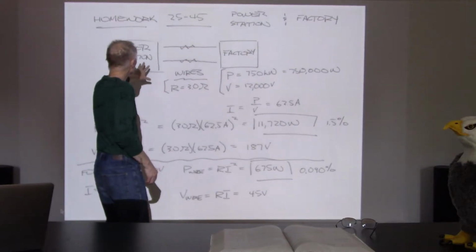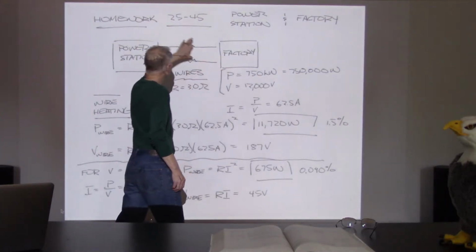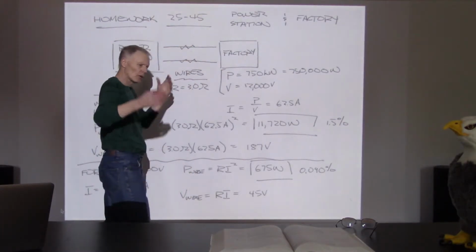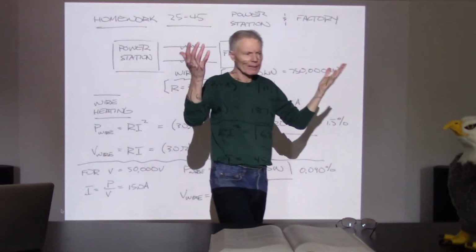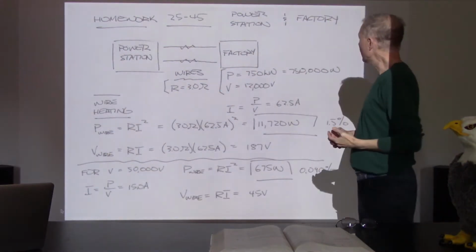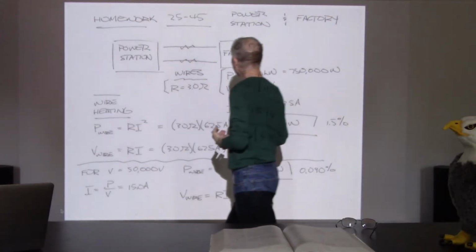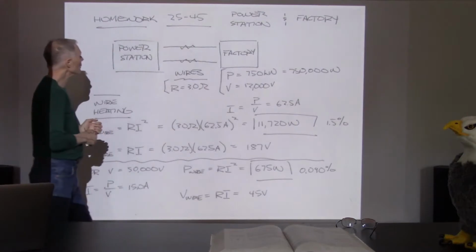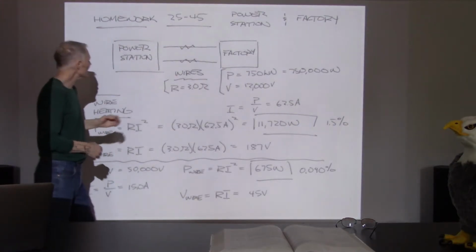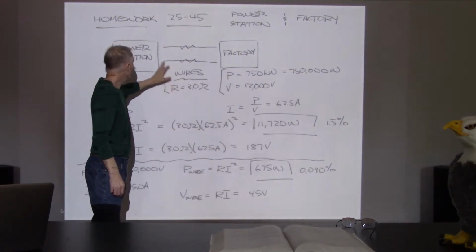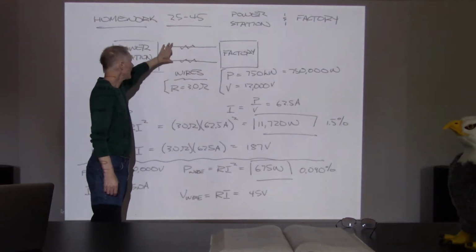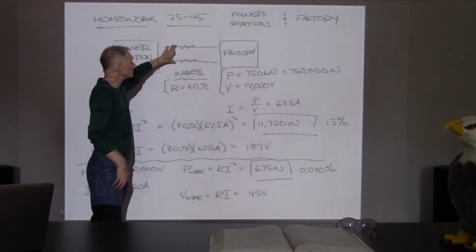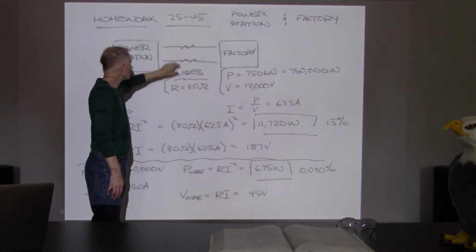Now, between the power station and the factory are a bunch of wires. These high voltage wires up on these high voltage wire towers, getting the energy to get transferred between power station and factory. Now, it says that the wires, all the way from the station to the factory, and there's a set of wires here, so we've got to think in terms of 2 wires.